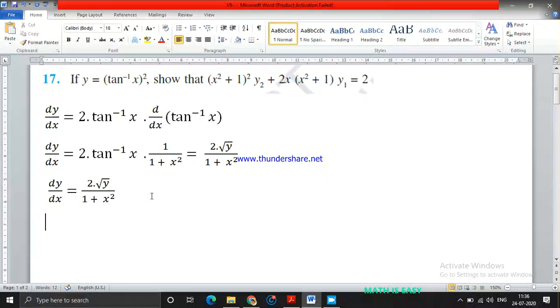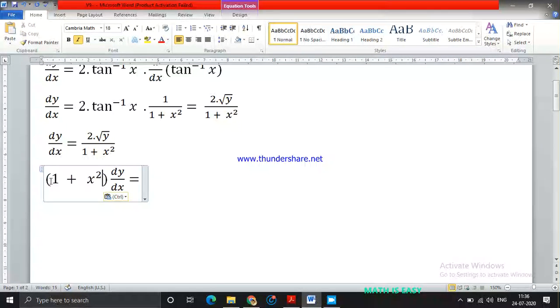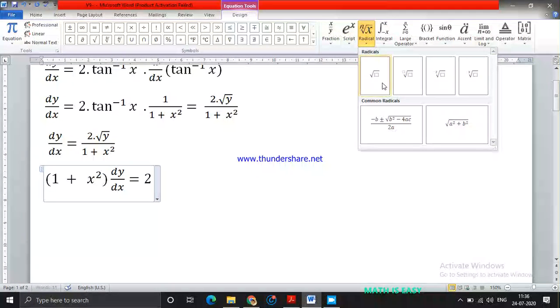If I do cross product on both the sides, so what do you get? 1 plus x square into dy by dx is equals to 2 root y.